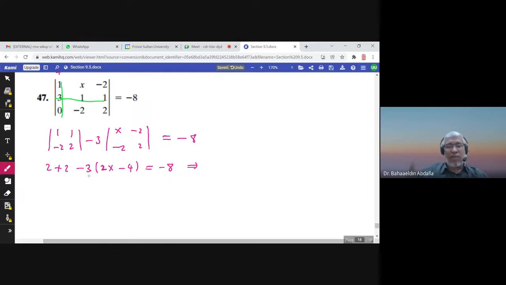And if you expand here, negative 3 times 2, negative 6x. Negative 3 times negative 4 is 12. And here I have negative 8, and the 4, I took it to the other side, negative 4. So negative 8 minus 4 is negative 12. So negative 6x would be negative 12, and x would be negative 24 over negative 6, which is 4.